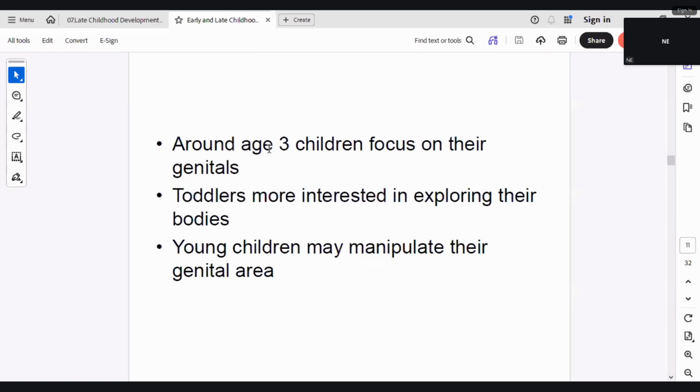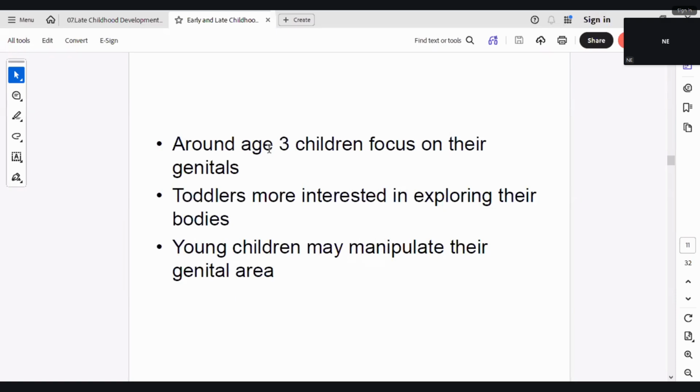And so toddlers are really interested in exploring their bodies, belly button, ears, nose. Accidents happen at this time where children will insert Cheerios, little Oreo cookies into ears or belly buttons. And sometimes, they will manipulate the genital area, again, I would say accidentally.